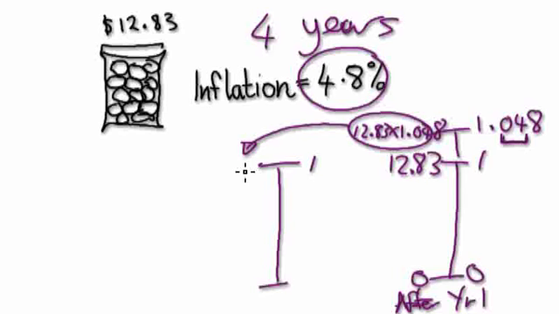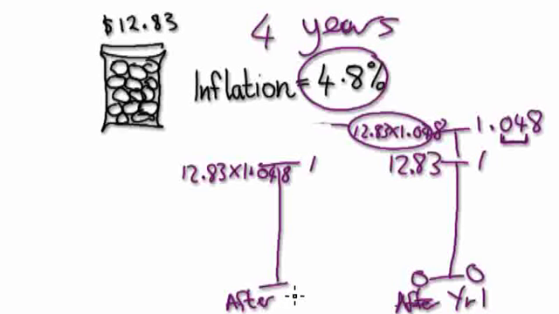So this will be our new 100%. So it will be 12.83 times 1.048. And after year two, well, it's going to cost a bit more.